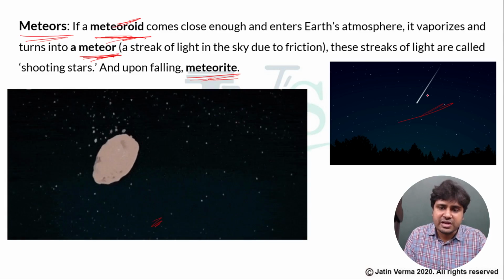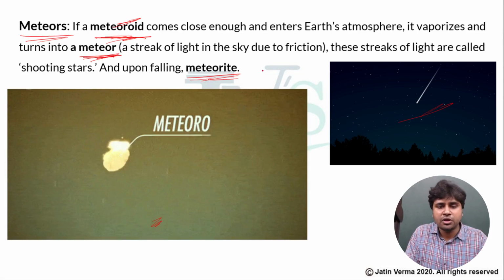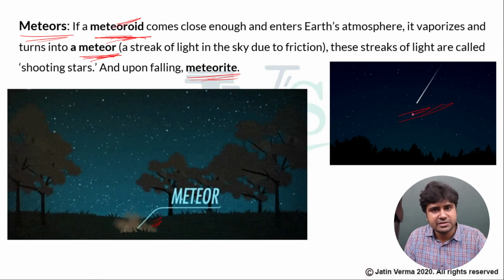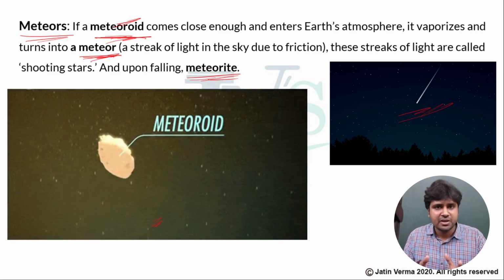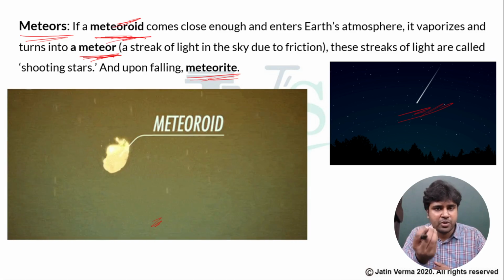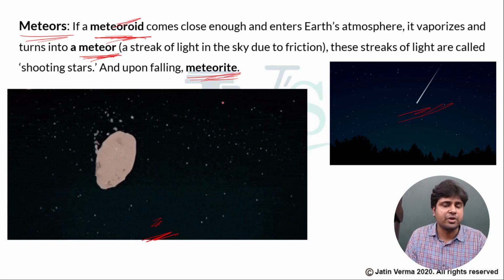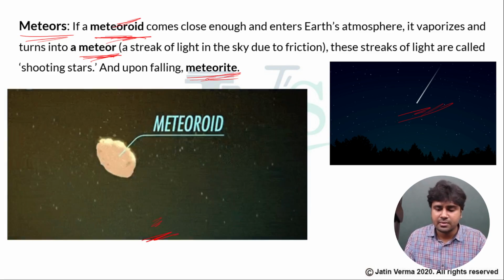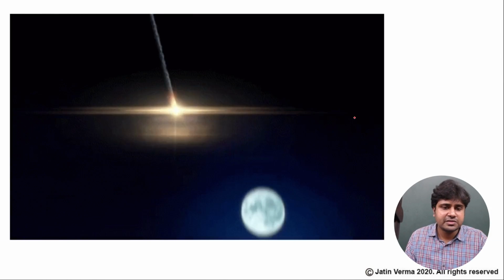Then it forms a streak or a beam of light called a meteor. We also call it a shooting star. Clear? Most of the meteors will get burnt up, but sometimes some small part will remain and fall to the ground. Then you call it a meteorite, as simple as that. I hope you understood this. So just look at this.